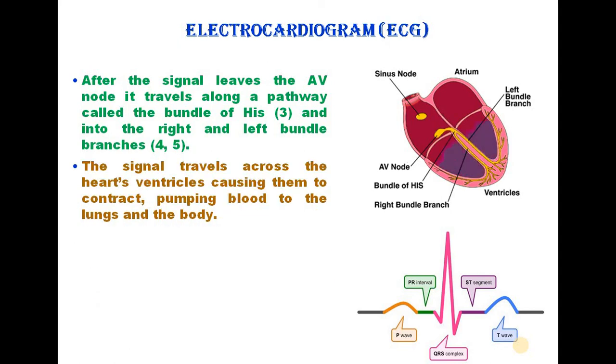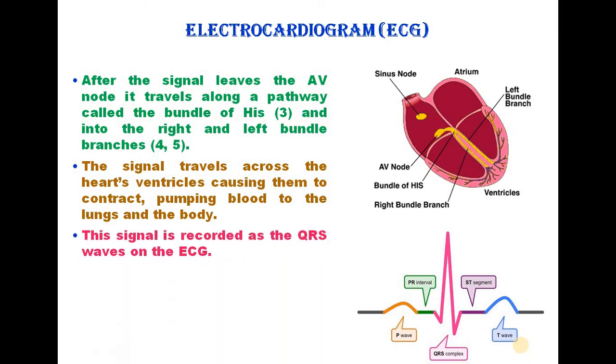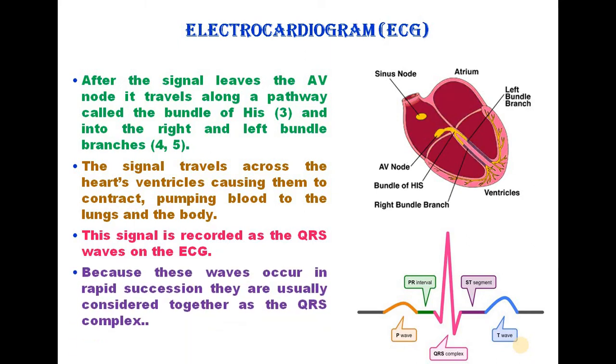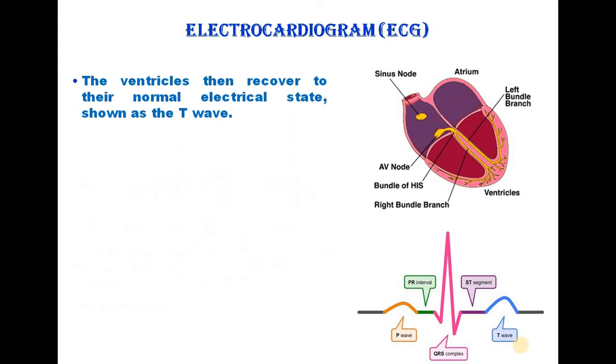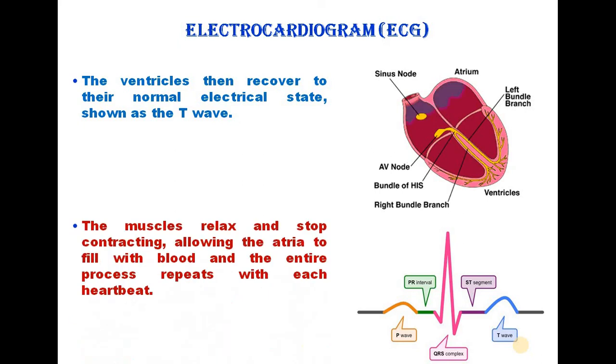The signal travels across the heart's ventricles, causing them to contract, pumping blood to the lungs and the body. This signal is recorded as the QRS waves on the ECG. Because these waves occur in rapid succession, they are usually considered together as the QRS complex. The ventricles then recover to their normal electrical state, shown as the T wave.